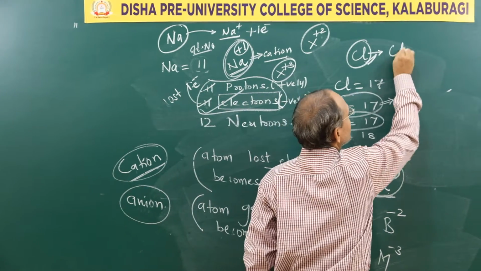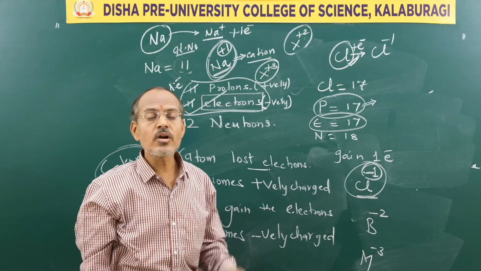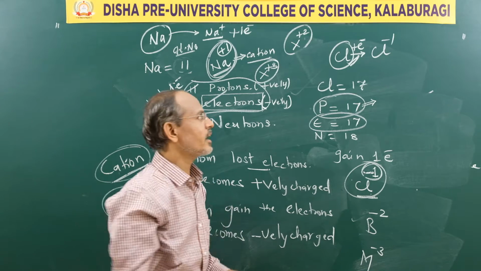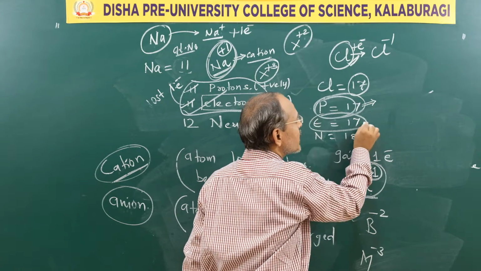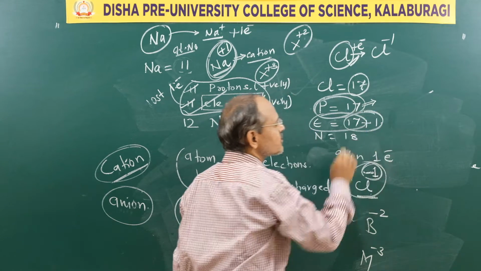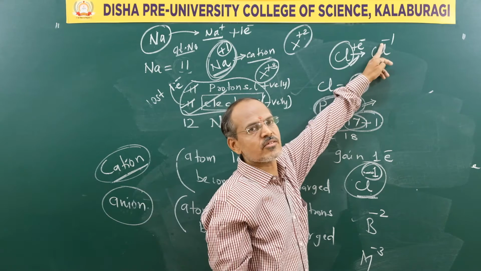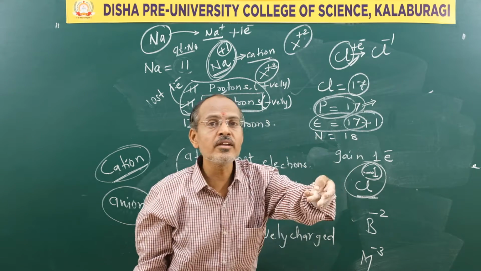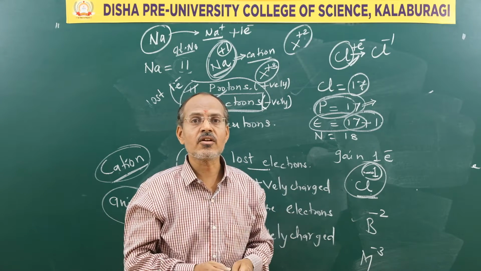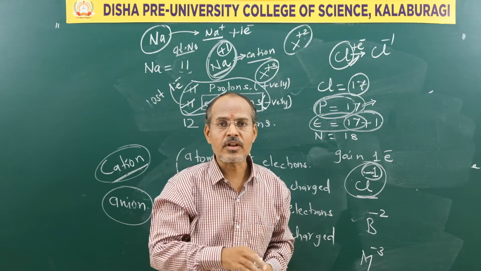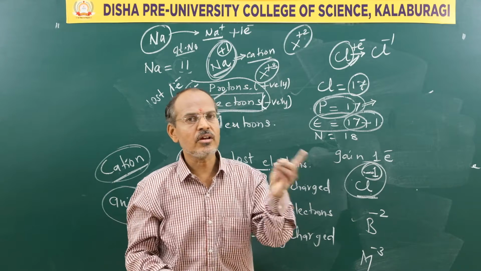Like that, if I write Cl−, here I add an electron. This indicates it contains 17 protons but 18 electrons, that means gain of an electron, that's why it is minus. Minus 2 means gain of 2 electrons, minus 3 means gain of 3 electrons, plus 1 means loss of 1 electron, plus 2 means loss of 2 electrons, plus 3 means loss of 3 electrons.